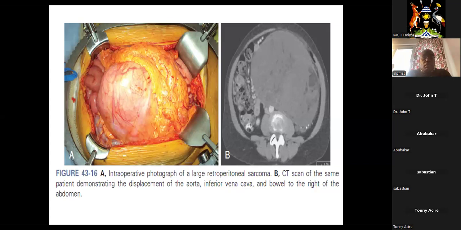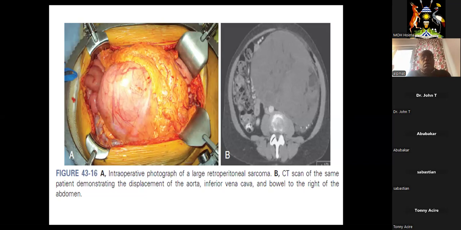I don't see many psoas abscesses as I used to in the past. But it also depends on the areas where you work. I don't think this is the same picture around the country.